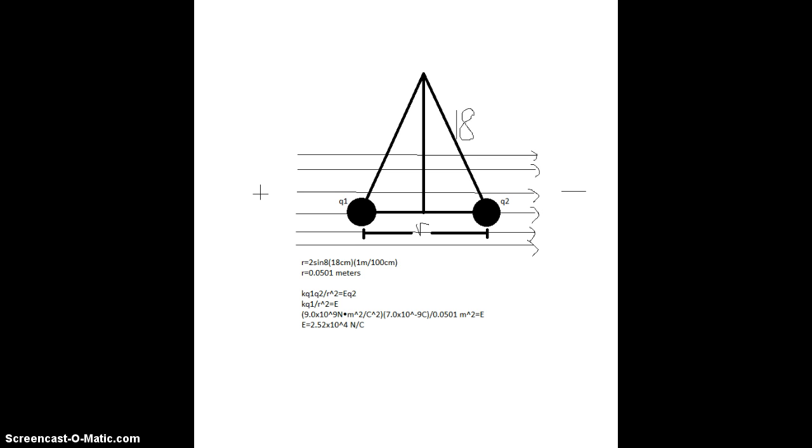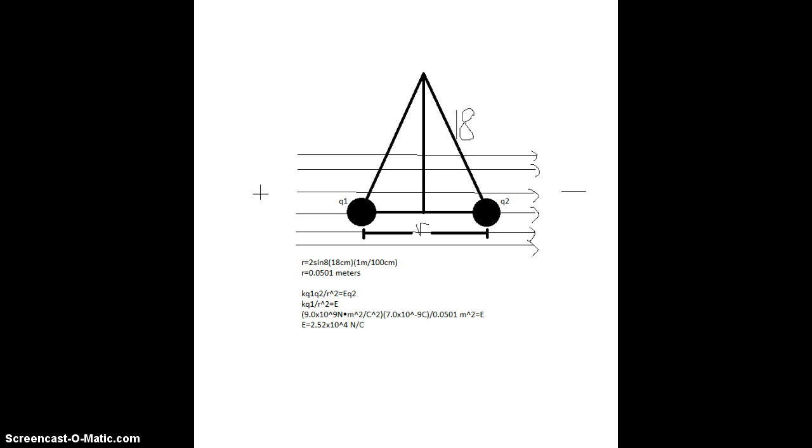We're given Q1 and Q2, so all we need is r squared, which we can find to be 2 sine of 8 degrees times 18 centimeters, and then convert into meters for the equation, and you get 0.0501 meters.